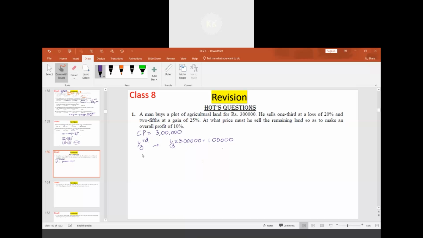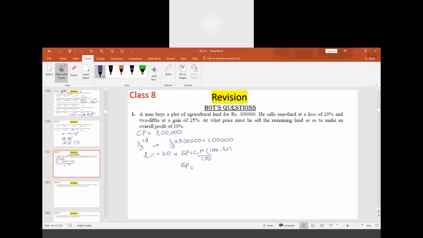Then there is a loss of 20%. So the loss percent is given as 20. We find the selling price using the formula SP = CP into (100 minus loss percent) divided by 100, because there is a loss.